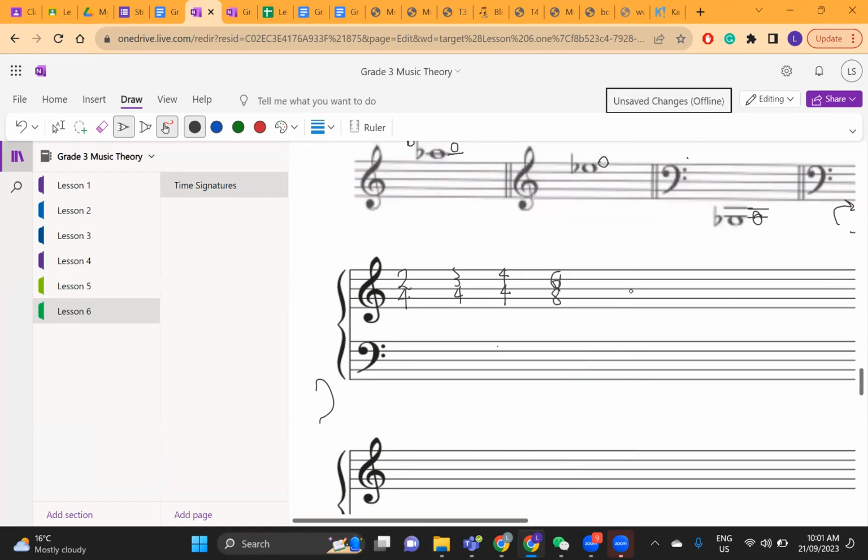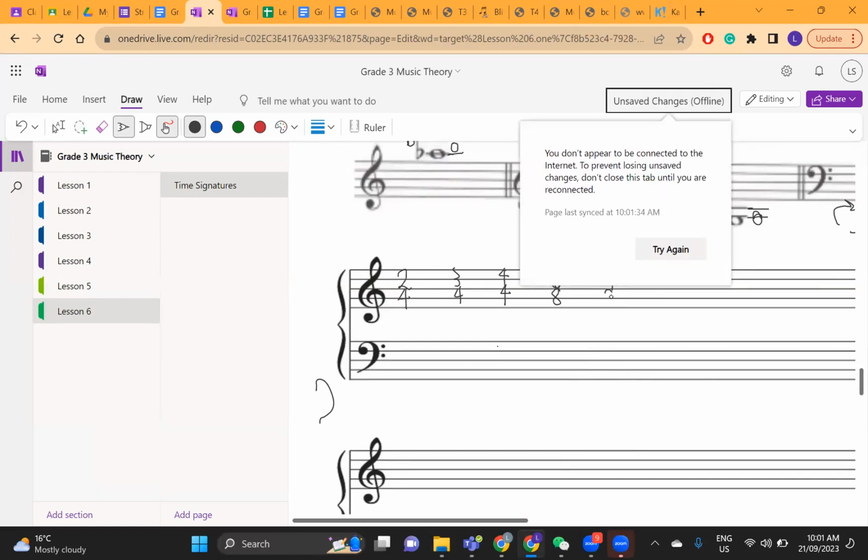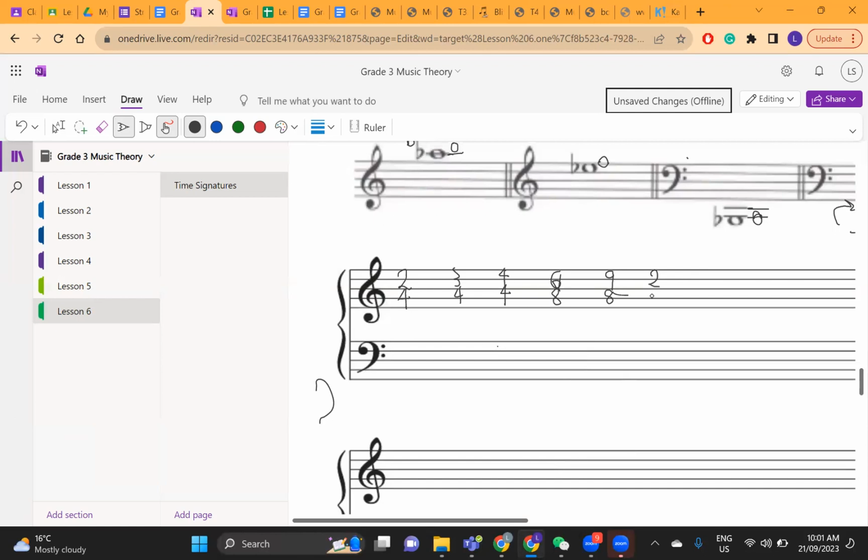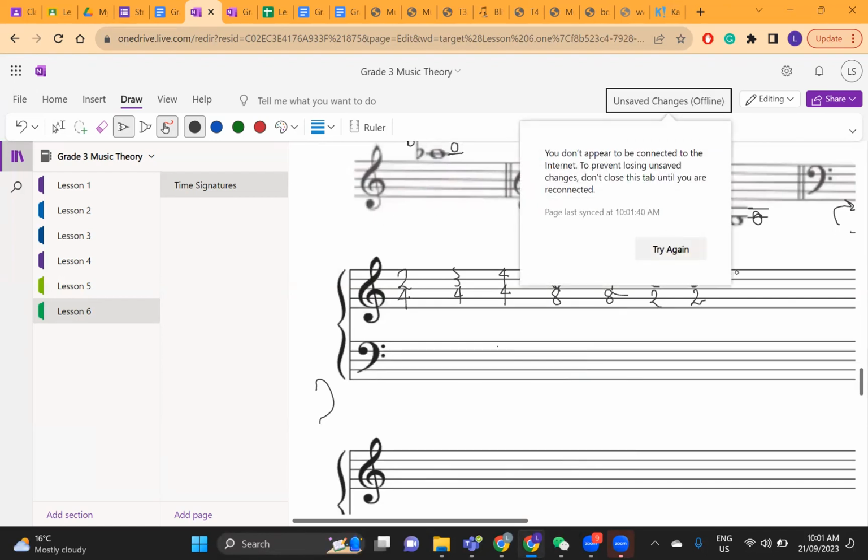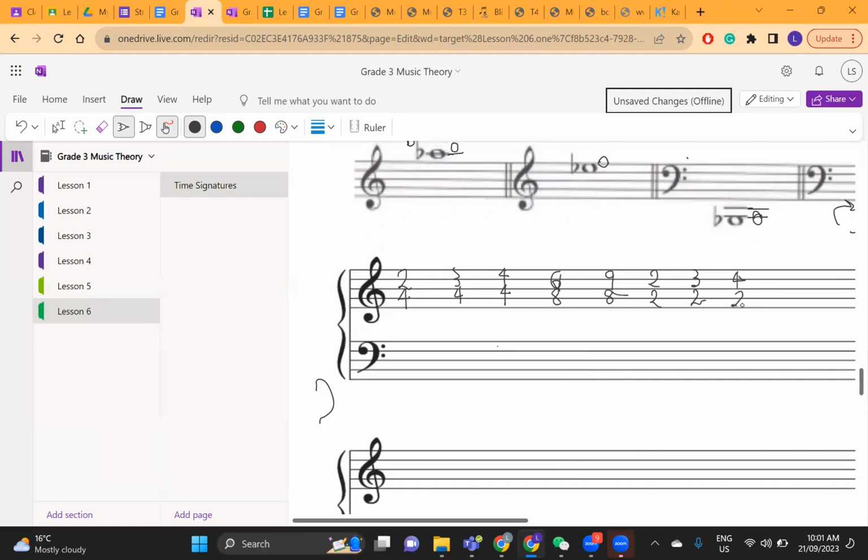Those were learned in grade 1 and grade 2. You also need to know 9/8, 2/2, 3/2, and 4/2.